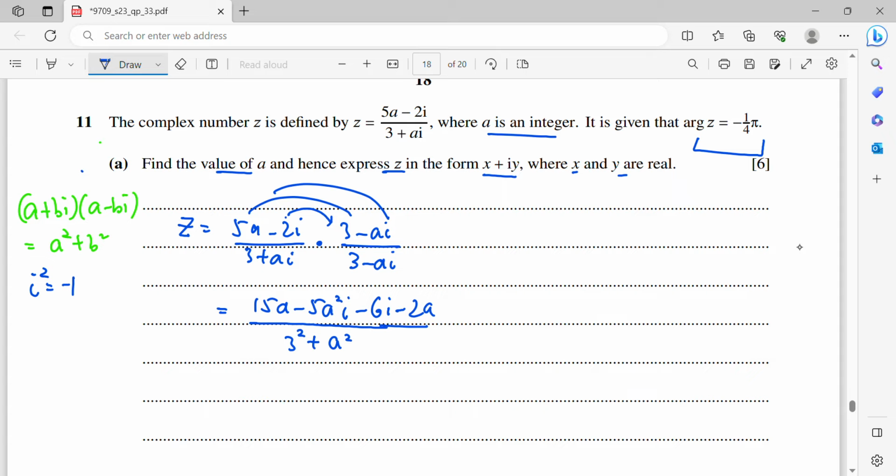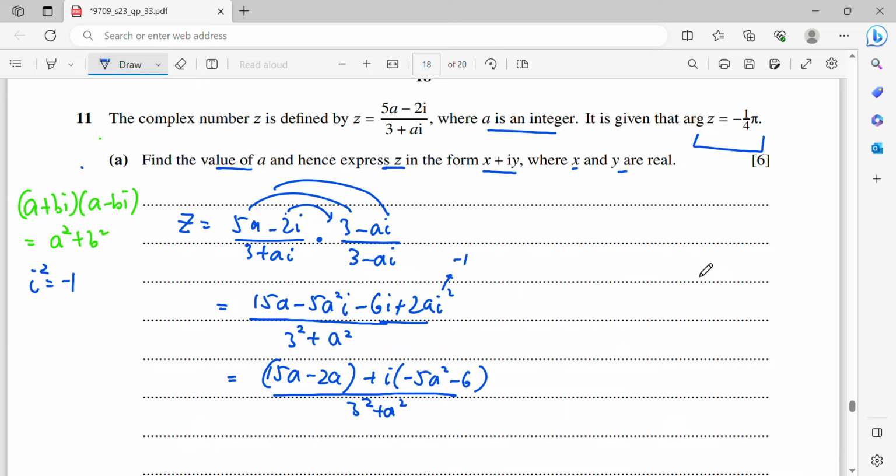So from here, alright, or probably you can write plus a i squared also can, no problem. So i squared later you change to minus 1. This is minus 1. So it means that now I will get 15a minus 2a, right? And then plus i, minus 5a squared minus 6, over 3 squared plus a squared.